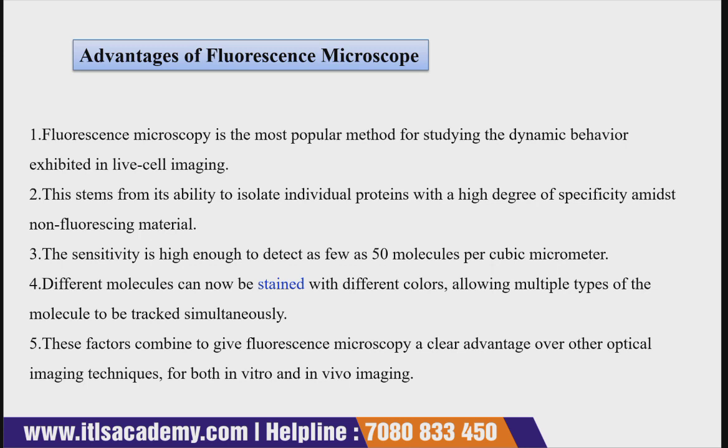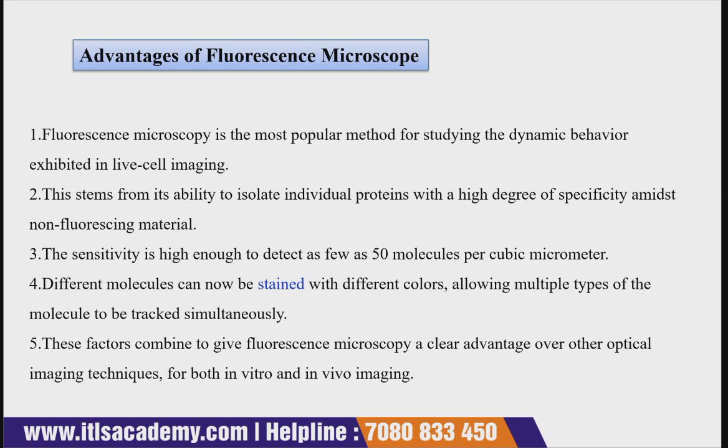Different molecules can now be stained with different colors, allowing multiple types of molecules to be tracked simultaneously. This combination gives fluorescence microscopy a clear advantage over other optical imaging techniques for both in vitro and in vivo imaging. So it has a great impact in different types of study, and it is the most popular type of microscopy whenever you are studying dynamic behavior exhibited in live cell imaging.